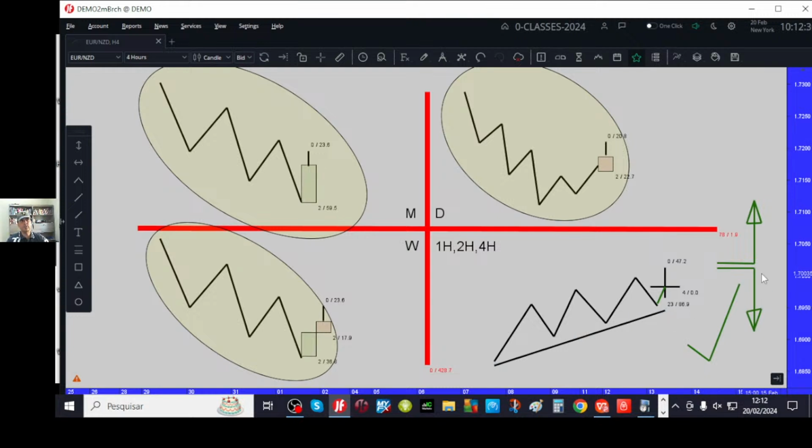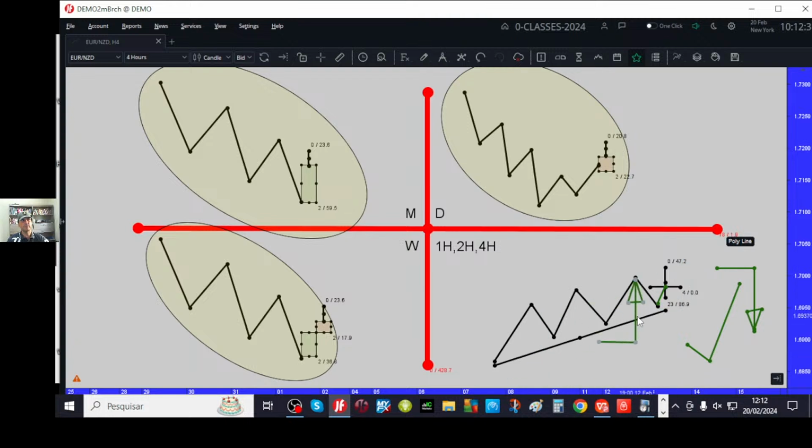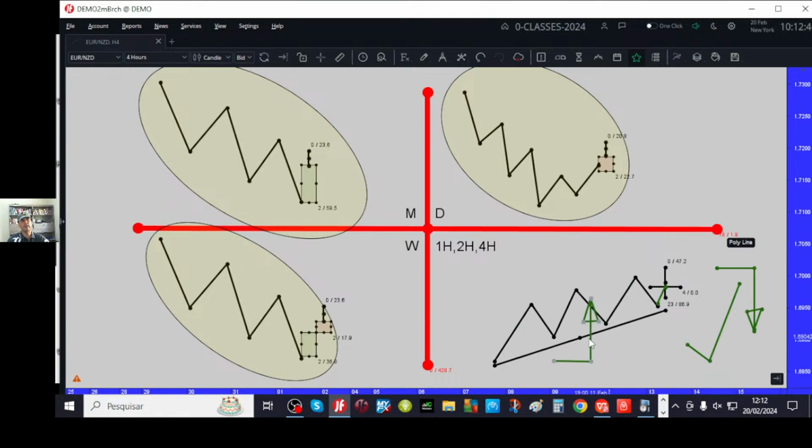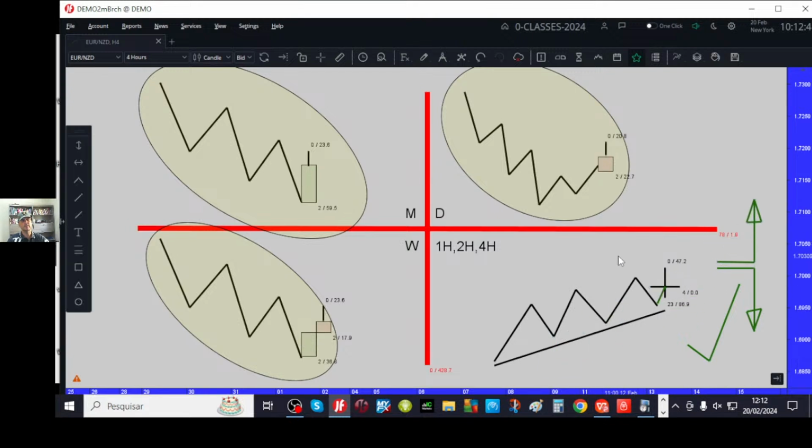Sell. James, same story. Why would you sell an uptrend on the 1 hour, 2 hour, 4 hour chart? I'm the student, you're the teacher. Why would you sell or short the 1 hour, 2 hour, 4 hour chart?